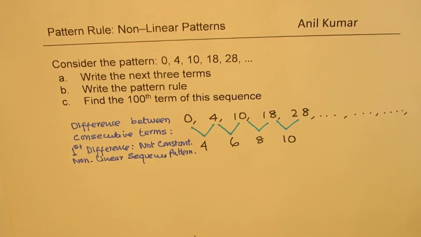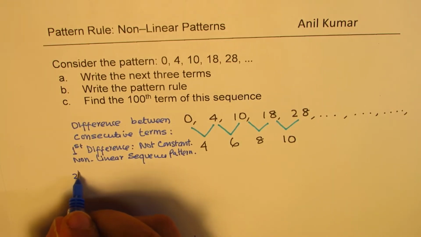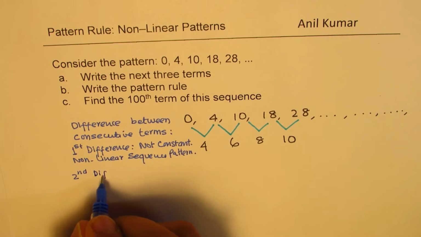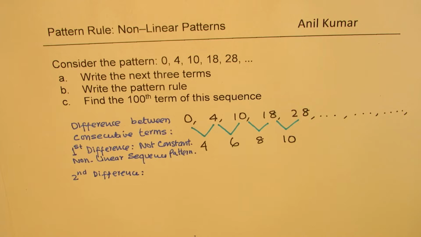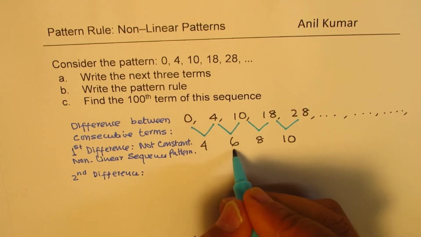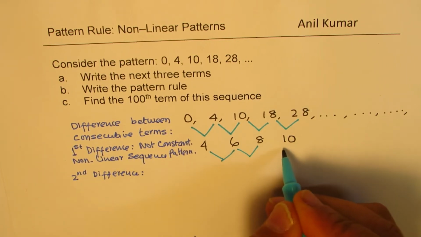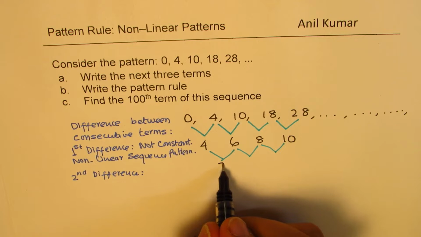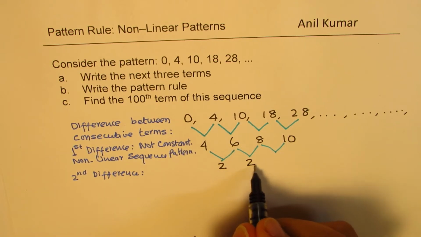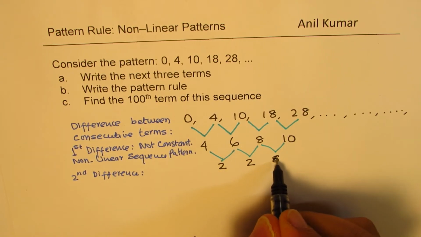So now we'll find the second difference. Second difference means repeat the whole process of finding the difference between the consecutive terms once again, right? So when we do that, 6 minus 4 is 2, 8 minus 6 is 2, and 10 minus 8 is also 2, right?